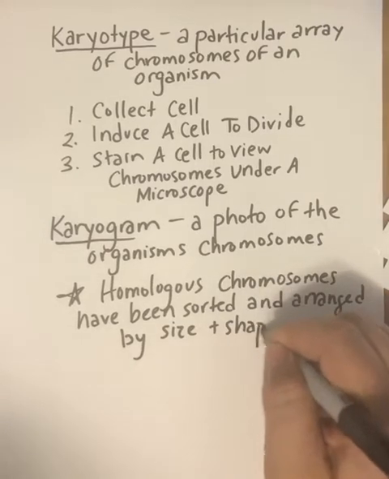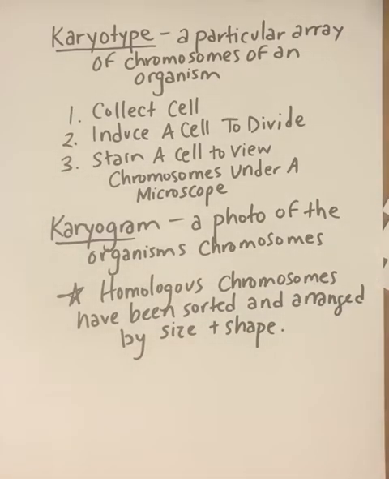by size and shape. Now, every organism is going to have a special number of chromosomes. So when we talk about, let's just say a human, a human has 46 chromosomes.